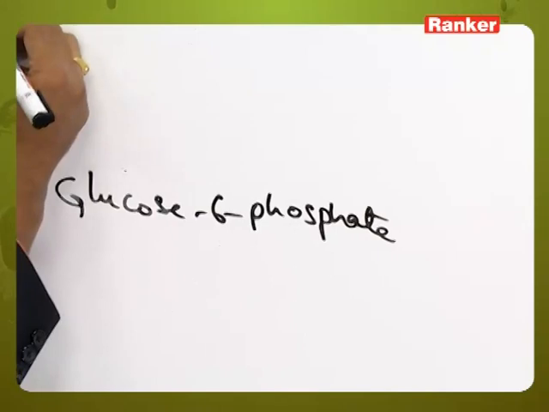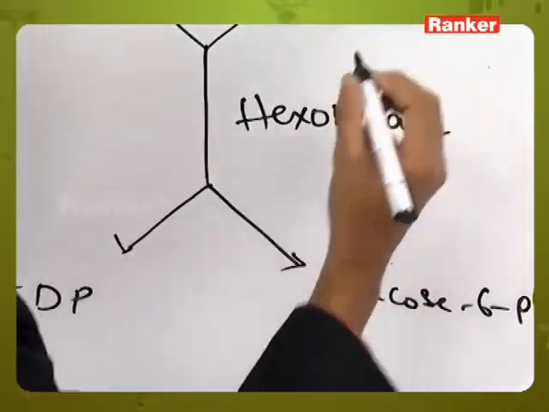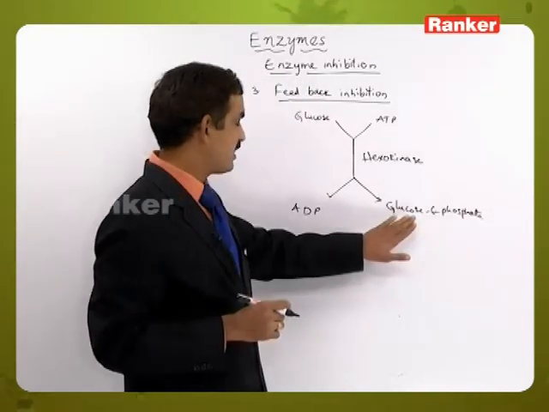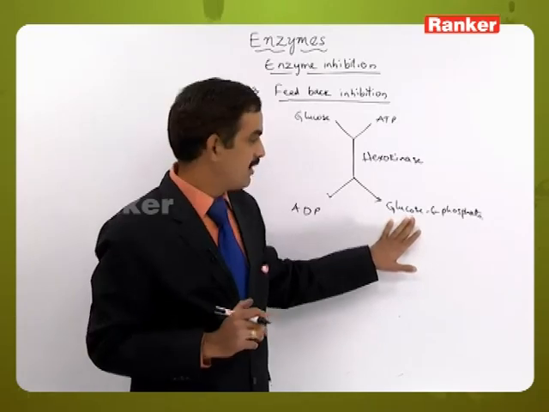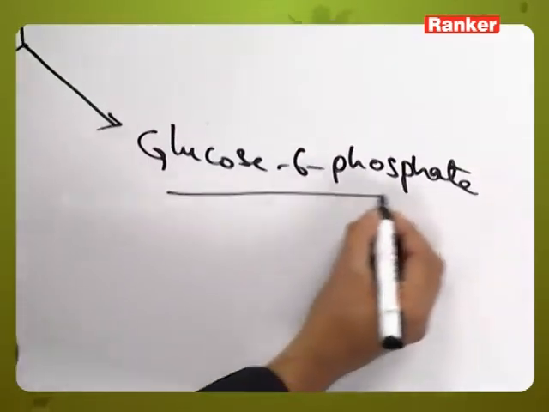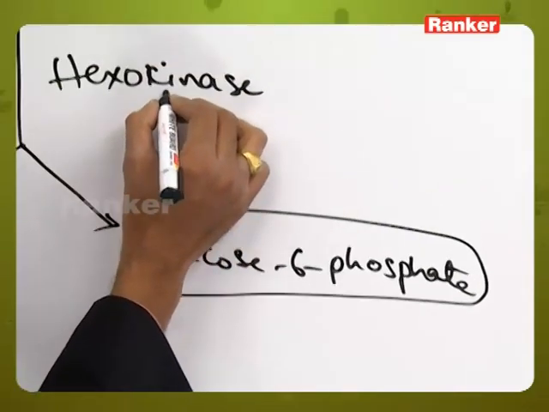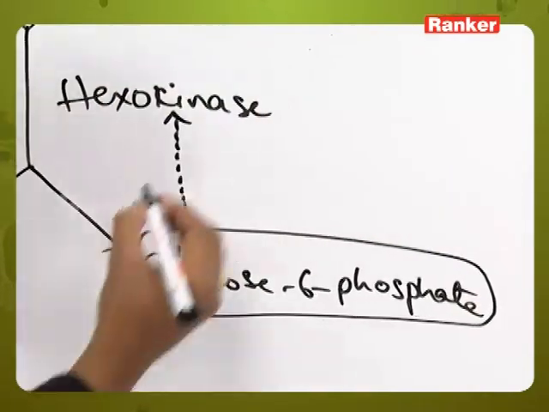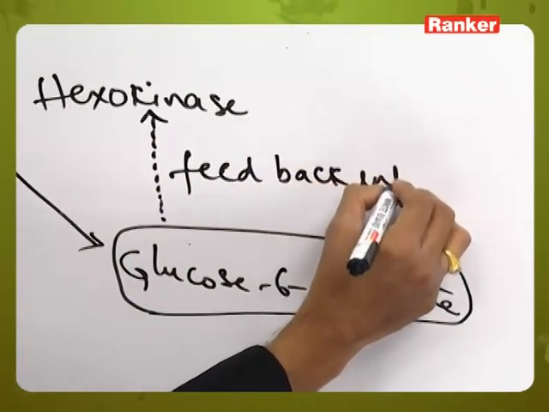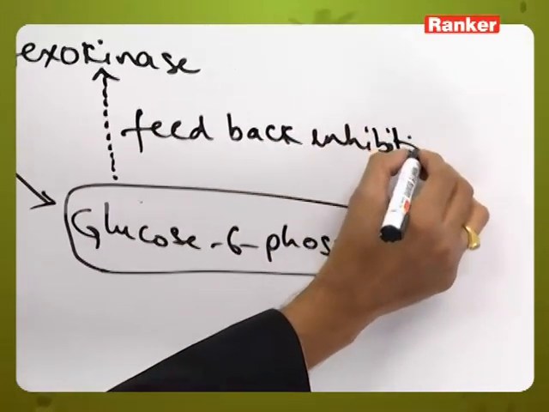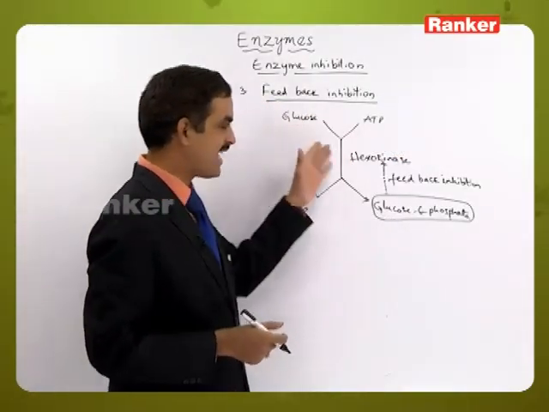This reaction is catalyzed by an enzyme called hexokinase. This is one of the reactions of glycolysis in respiration, where the accumulation of this glucose 6-phosphate will show an effect on the hexokinase enzyme. So this is what is called feedback inhibition on the hexokinase.